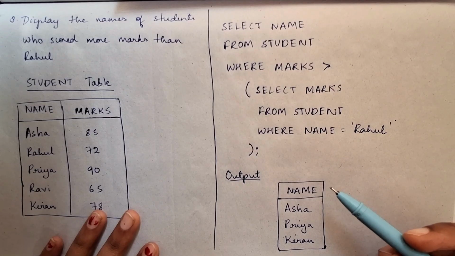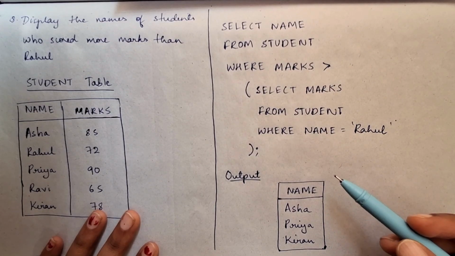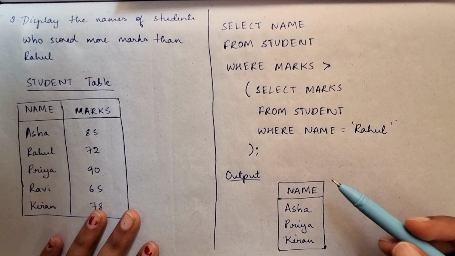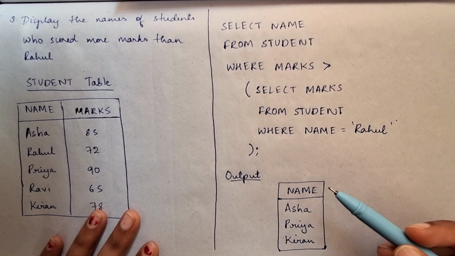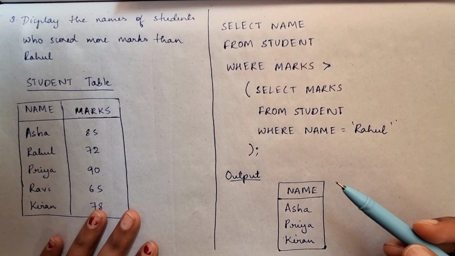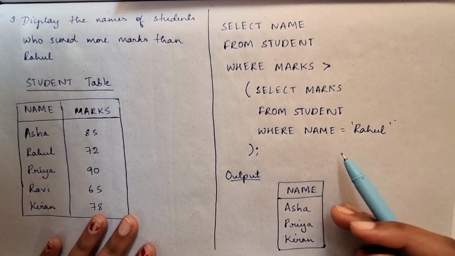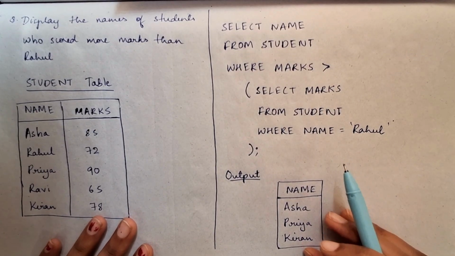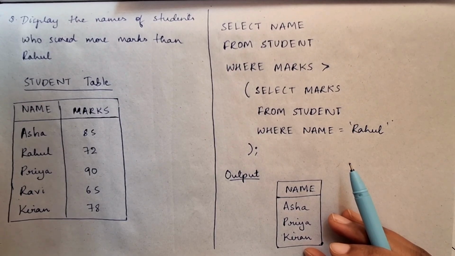So the simple rule you should remember is, if the value is known, we can directly write the condition in the query. But if the value is unknown and needs to be fetched from the table itself, then we have to use a subquery. And remember one more thing, the inner query always executes first and the outer query uses that result to produce the final output.